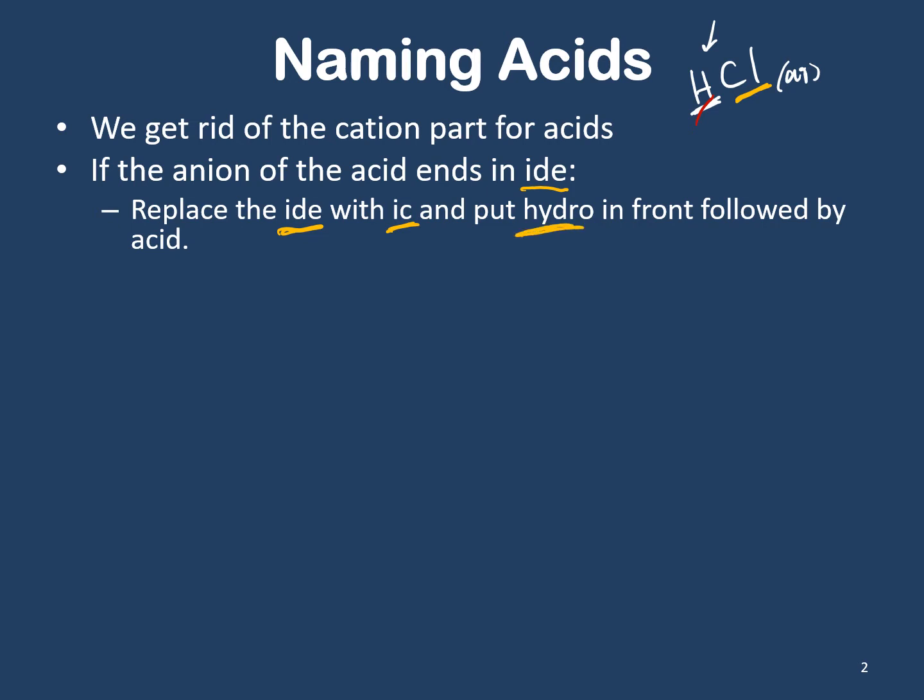So we take the name of the anion like this. This is chloride. And since it ends in IDE, I'm going to follow this rule, which means I'm going to add hydro in front of it. I'm going to take IDE and replace it with IC, so chloride becomes chloric. And then lastly, I'm going to add the word acid to the name. So this is hydrochloric acid, or HCl.